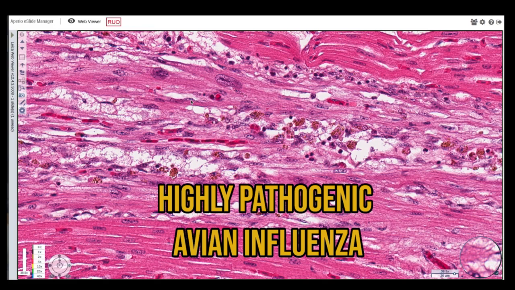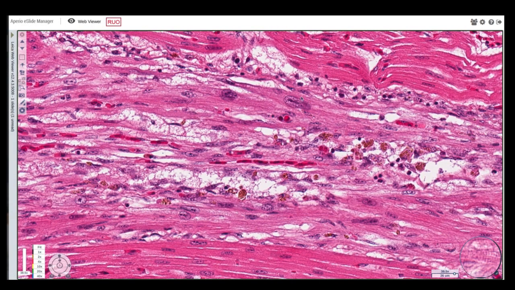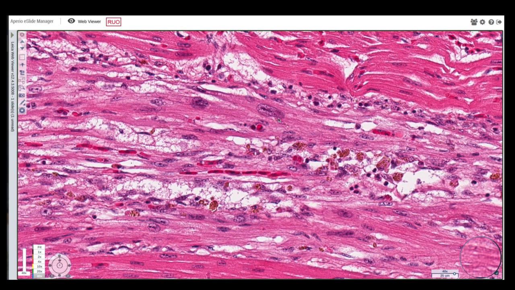So avian influenza has two forms: a low pathogenicity form, which infects the respiratory tract, but sometimes you get mutations in a protein on the virus that allows it to go systemic, and it starts infecting all kinds of cells, including heart muscle cells.